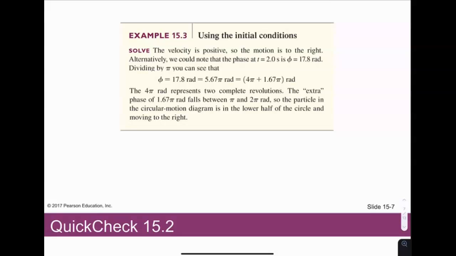The extra phase of 1.67 pi radians falls between pi and 2 pi radians, so the particle in the circular motion diagram is in the lower half of the circle and moving to the right.